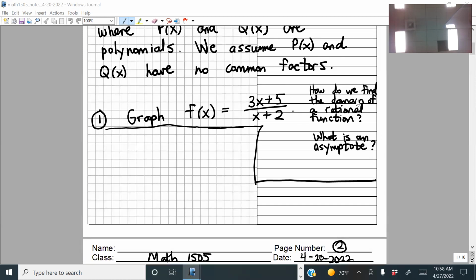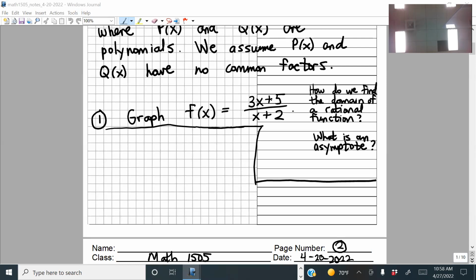Let's take a look at a simple example. We have to start with something simple because the graphs can get really complicated really fast. So this is about as easy an example of a rational function as I can write down: 3x plus 5 over x plus 2. There's nothing special about that particular rational function, other than it's kind of simplified.